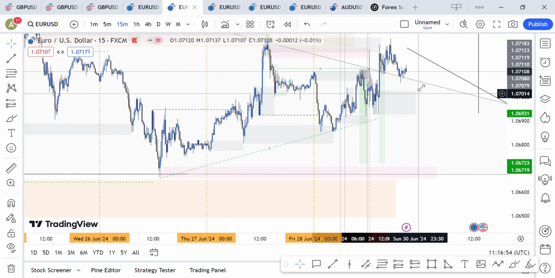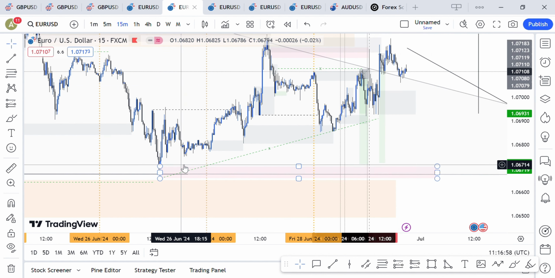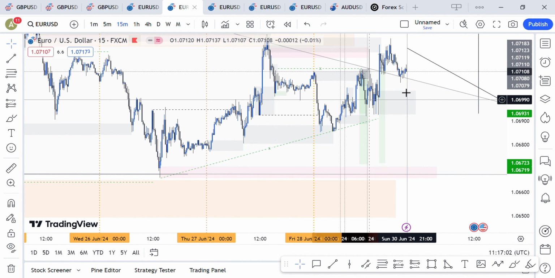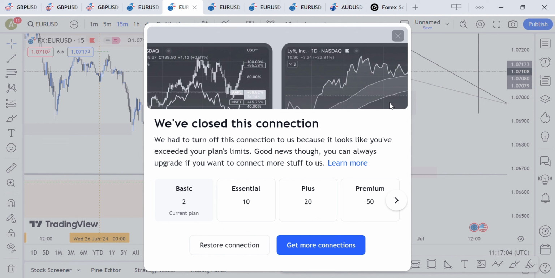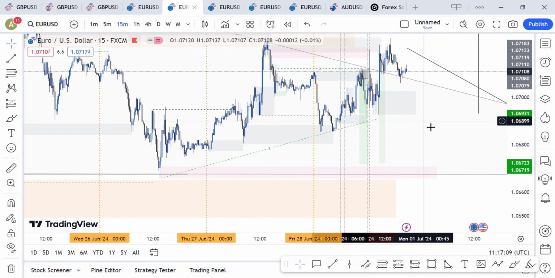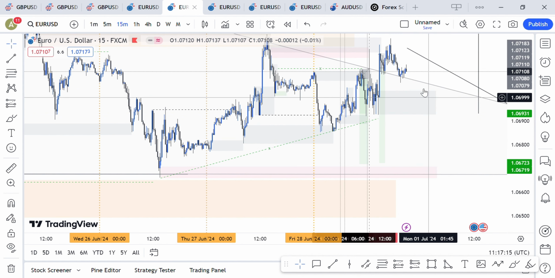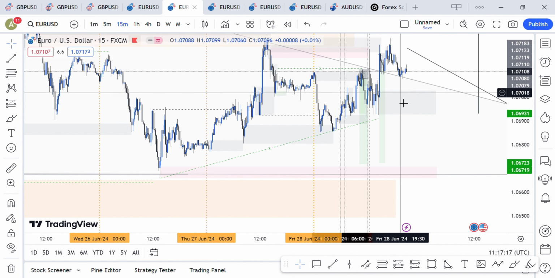And concentrate on this 15-minute POI, because as much as this 5-minute POI will be targeted, then maybe we will also be concentrating on this 15-minute POI that I'll be expecting buy orders to come in at. But I'm not actually advising anyone to buy from here.